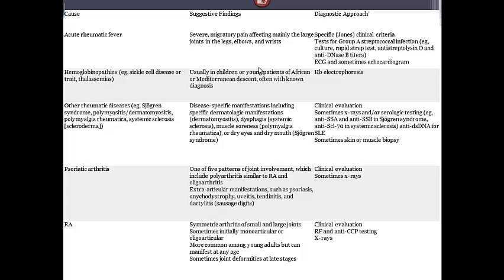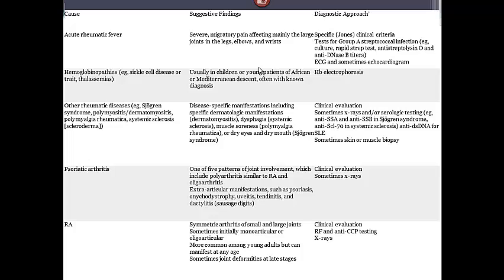And every time they have a crisis, they have a severe joint pain, and it's systemic, it's polyarticular, it's bilateral, symmetric. And how do you diagnose this? By hemoglobin electrophoresis.